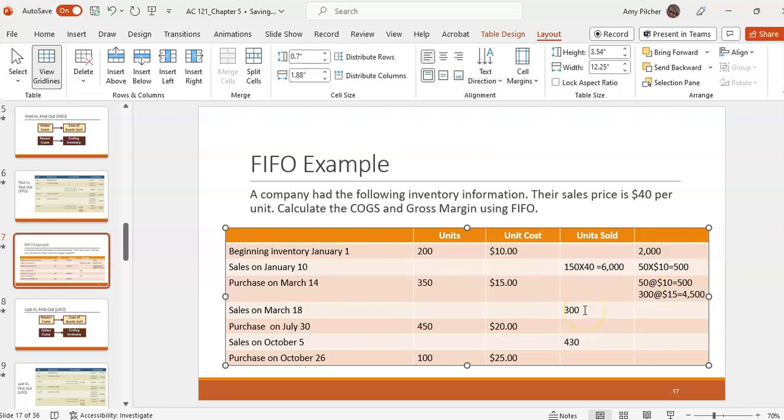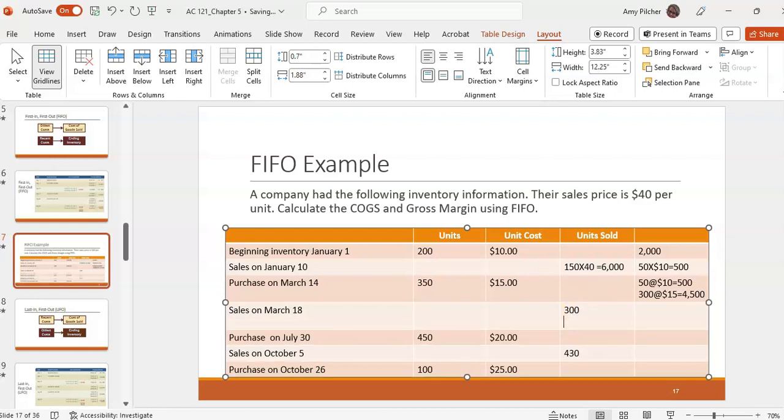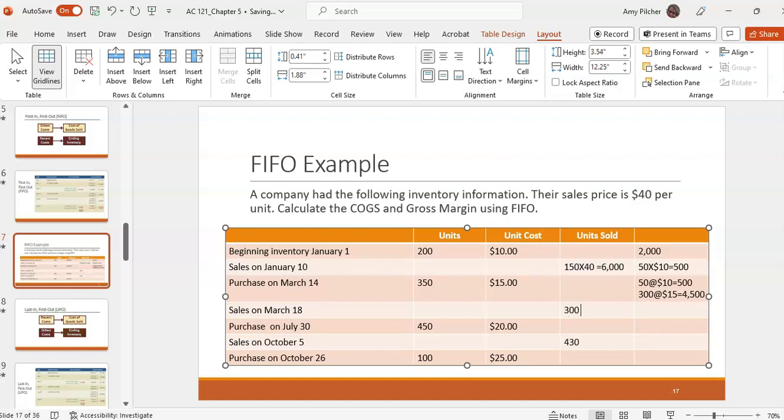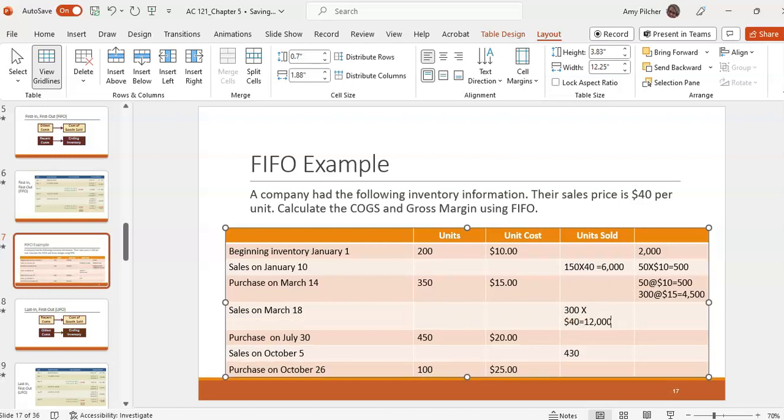We then sell 300 units. Because it's FIFO, of those 300 units, 50 of them are at $10. So the sales price is 300 times 40, which is $12,000.